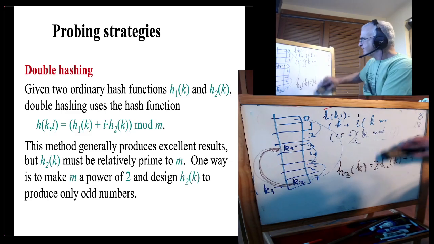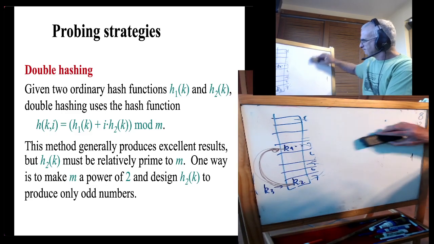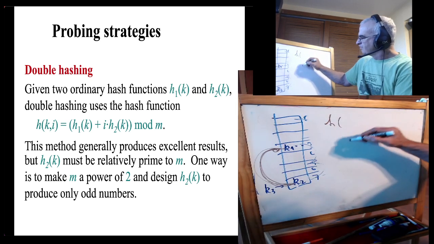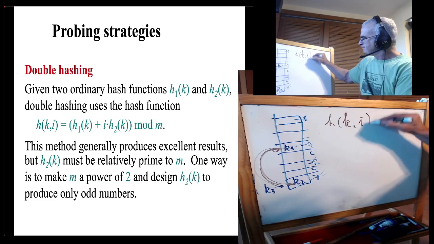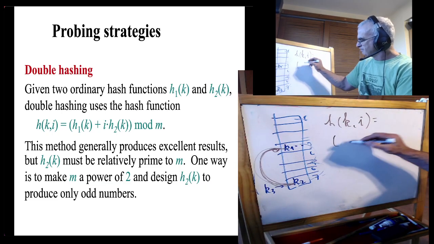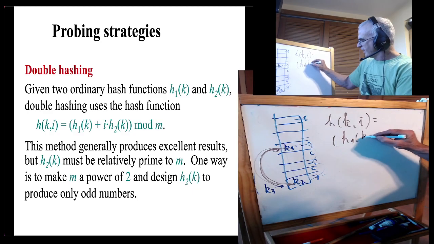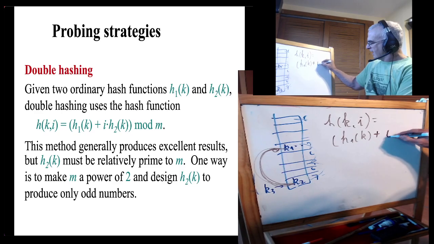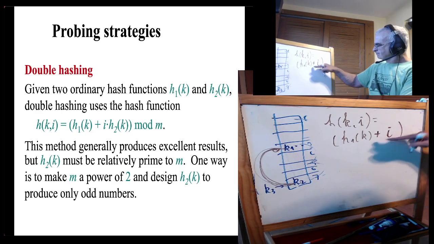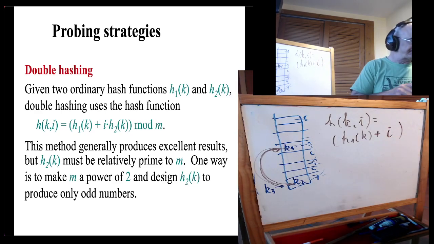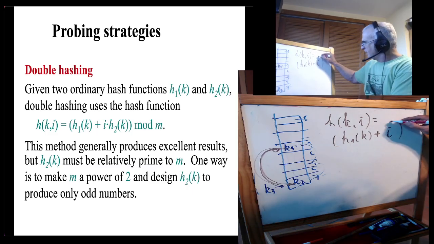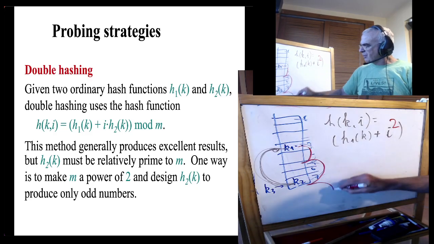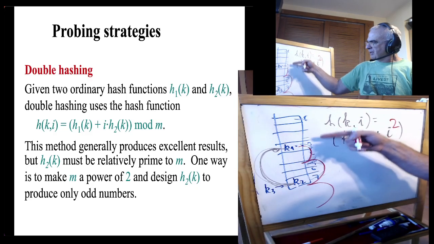And the last function in this sequence, we had it on a previous slide, would be h of k and i would be h1 of k, for example, the dot product, plus i, just as before. So far it's linear probing, but now I'm changing it to be i square. So the jumps that I'm doing are becoming larger and larger.